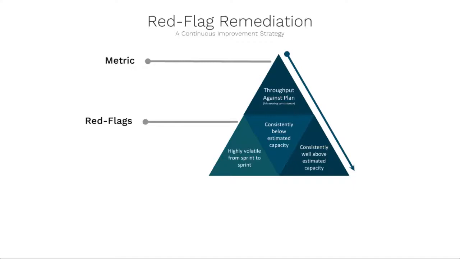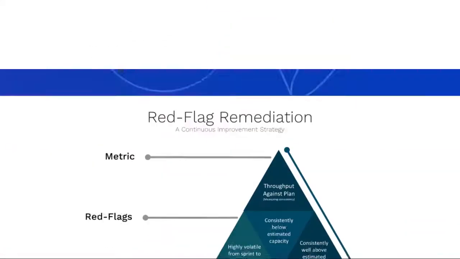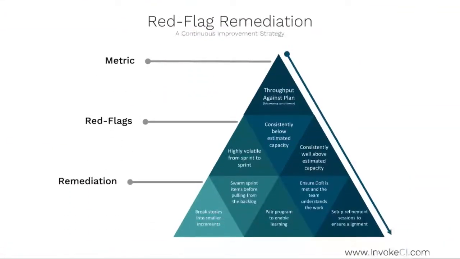Well, we've gone through, we've identified the metric, we've analyzed that as a Scrum Master. We have worked with the team to identify some of the red flags through the analysis of those metrics. Then you can take it a step further and you can start to identify ways that you can potentially remediate that particular issue.